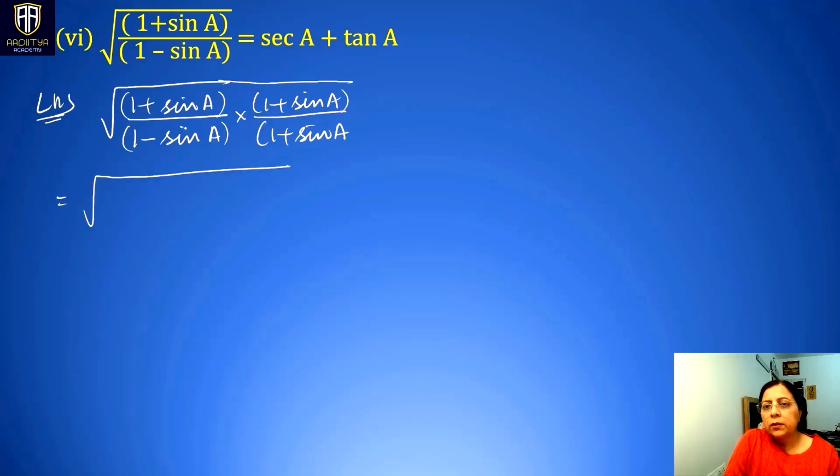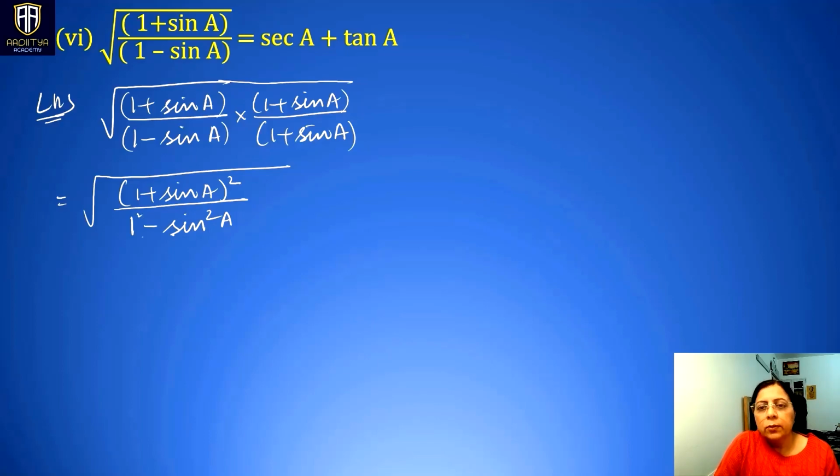Right? So here, instead of opening it randomly, you need to come out of the square root because we don't have a square root in the RHS. What we have to do is find squares. So instead of opening it as A plus B whole square, write it in the form of a square: 1 plus sine A whole square. In the denominator we have 1 minus sine A times 1 plus sine A, which is A square minus B square, so 1 minus sine square.